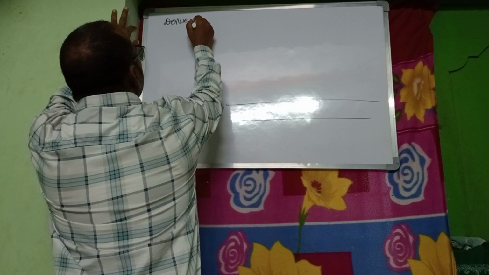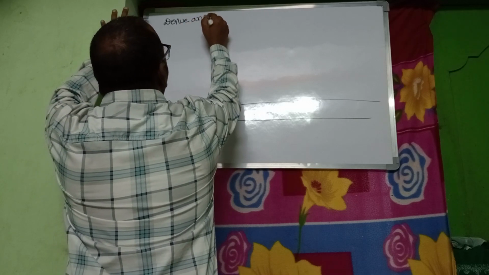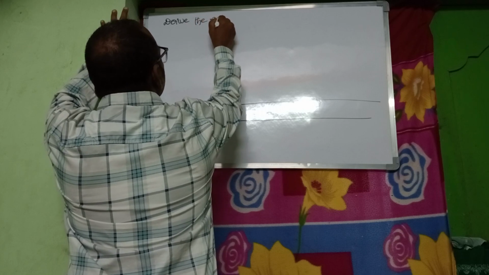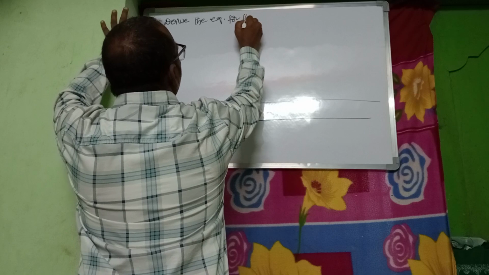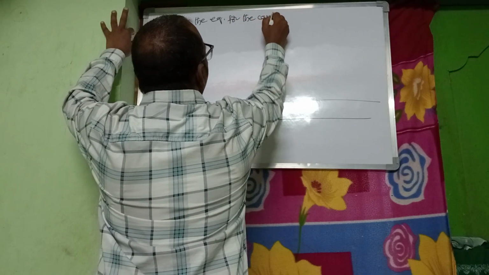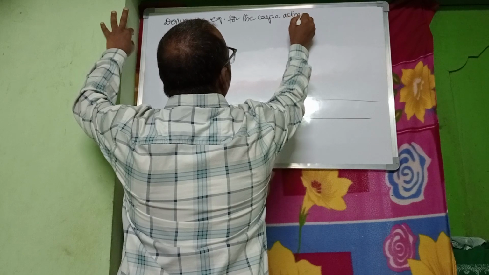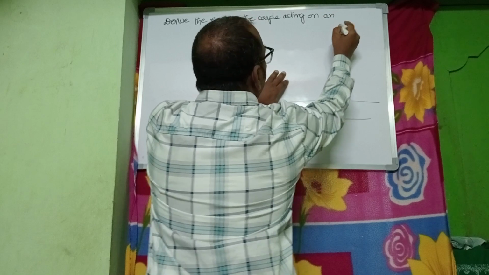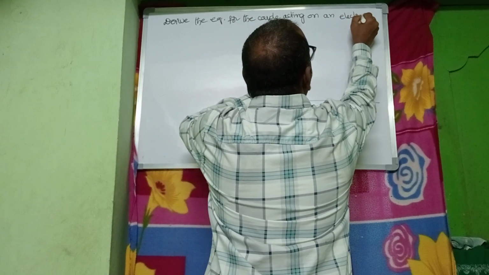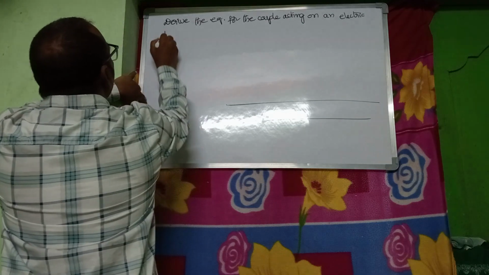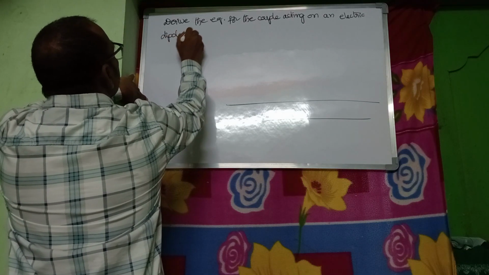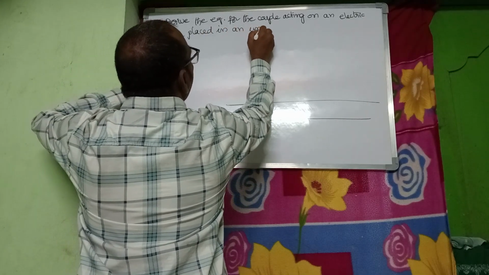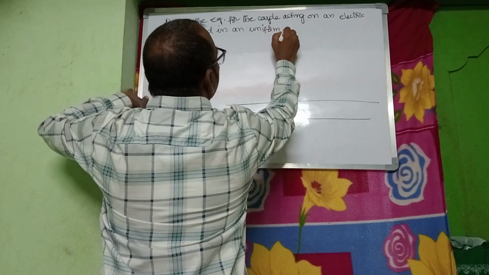So, derive the equation for the couple acting on an electric dipole placed in a uniform electric field.